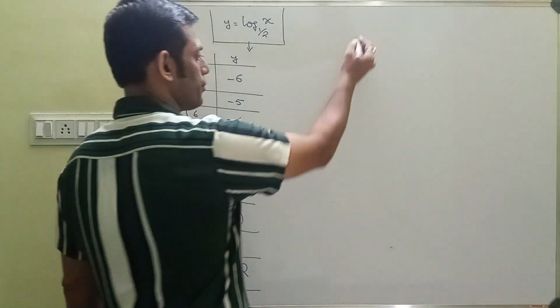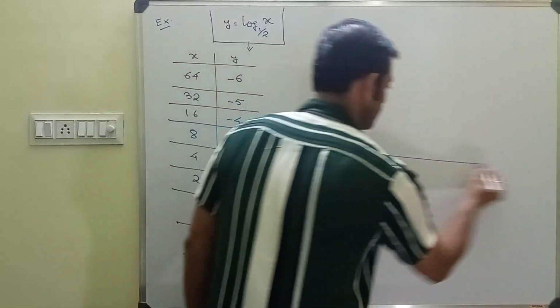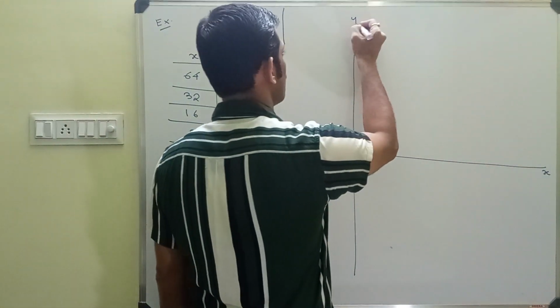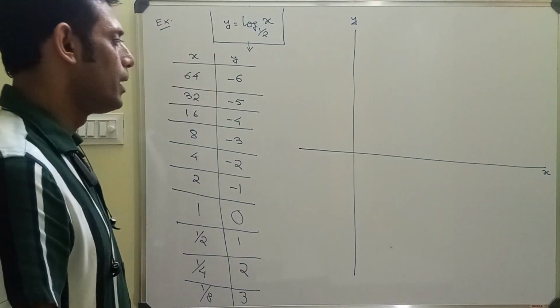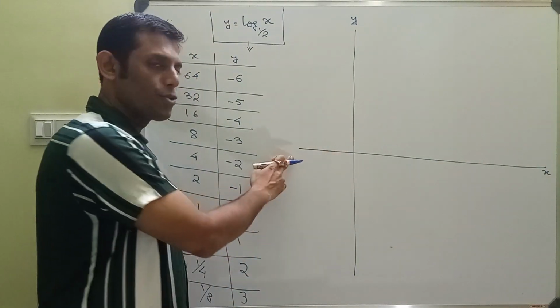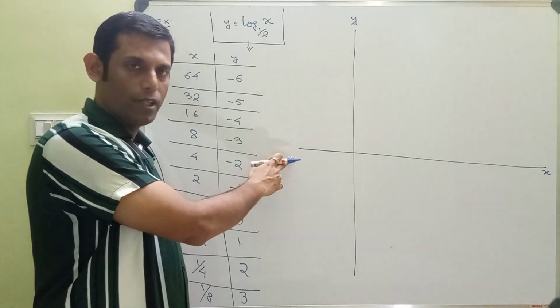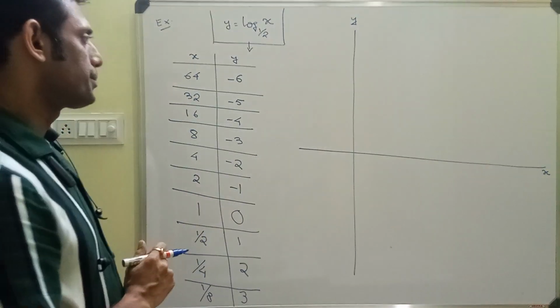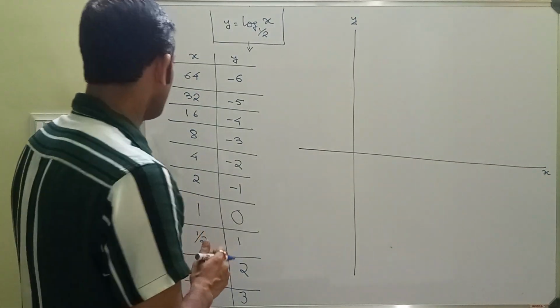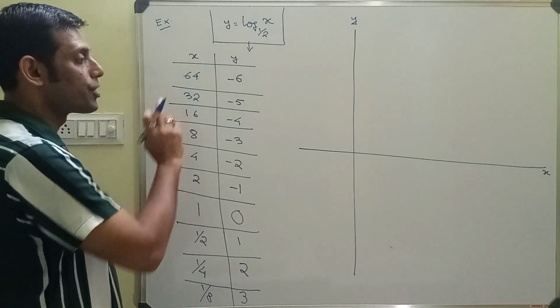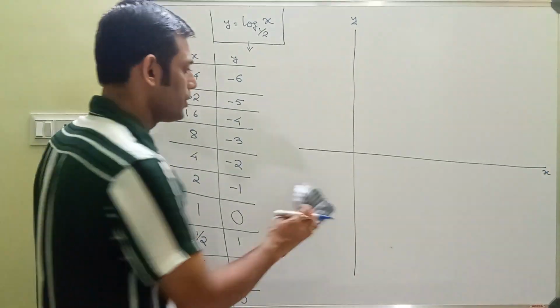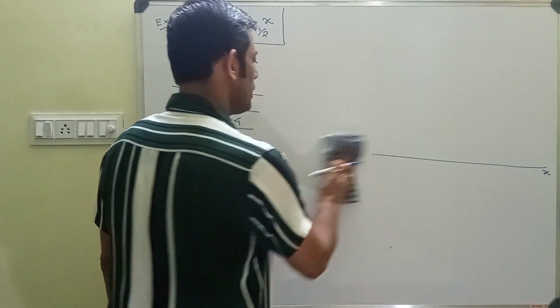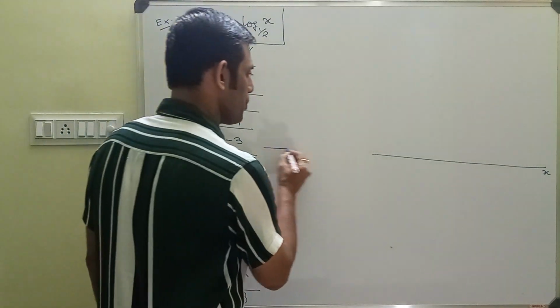Let's take a graph, x-axis over y-axis. You are not going to take negative values of x, as we had discussed earlier. And you are going to scale x values from 1 by 8 till 64. Now, it's not really possible in this very small space, but I will try to accommodate as much as possible.